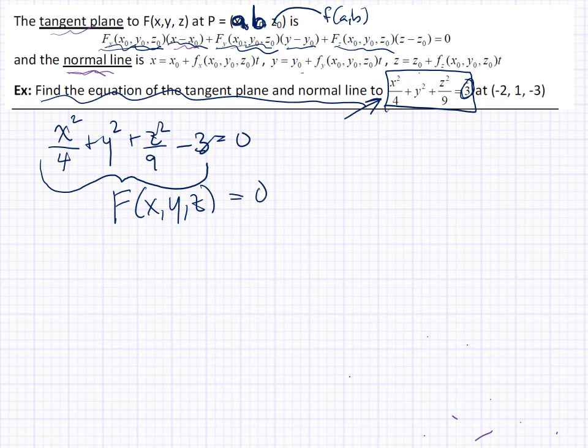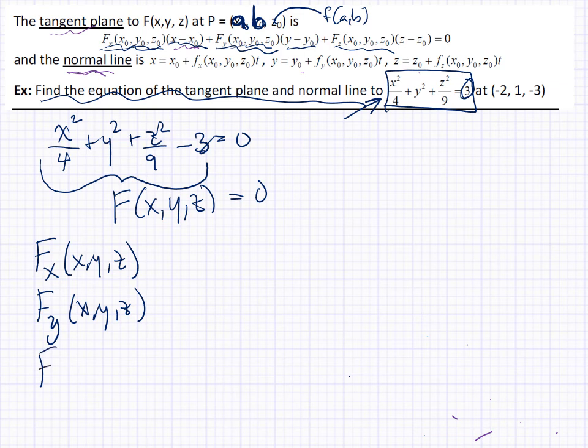So I'm going to find the partial of capital F with respect to x, the partial of capital F with respect to y, and the partial of capital F with respect to z. Which is not hard to do here.